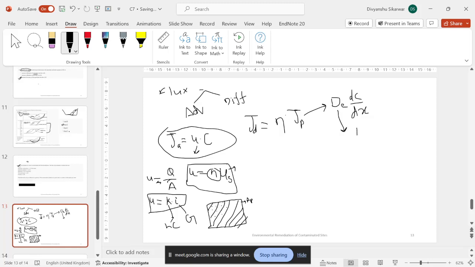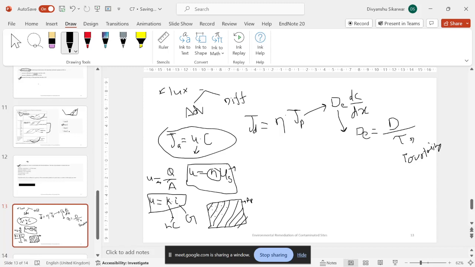And this diffusion coefficient is equal to the formula with tortuosity.